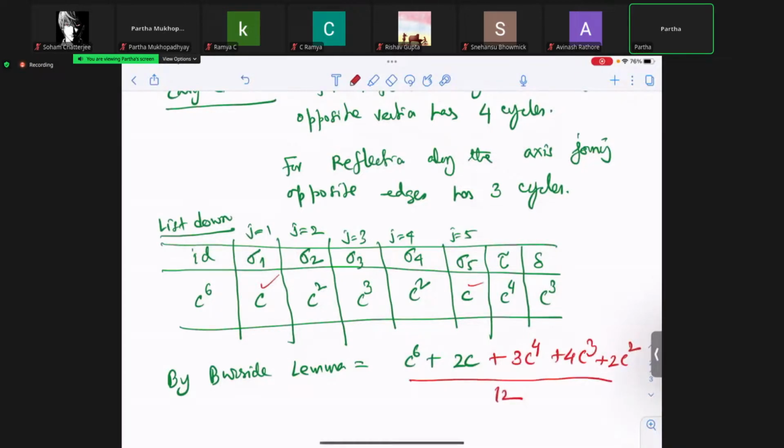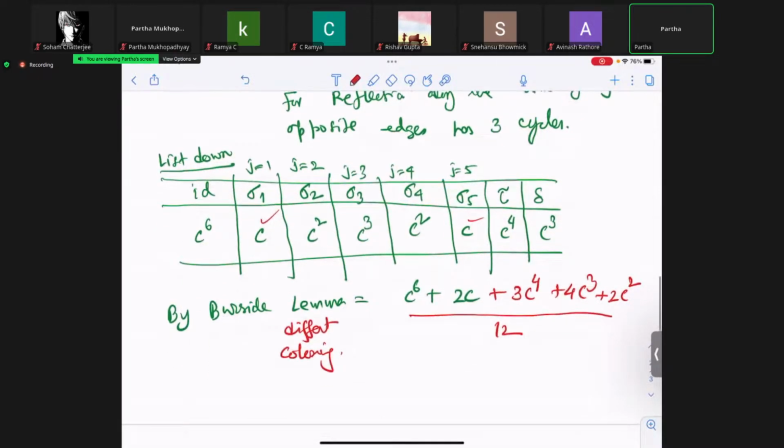This is the number of different colorings. And notice one very beautiful thing: the number of colorings must be an integer. That means whatever value of c you put in, this polynomial, c power 6 plus 2c plus 3c power 4 plus 4c cube plus 2c squared, is always divisible by 12.